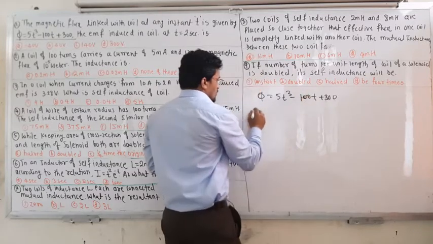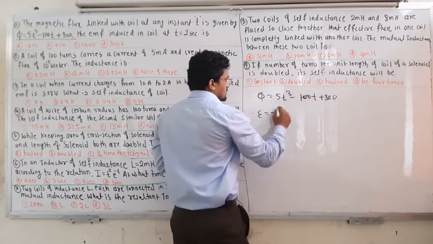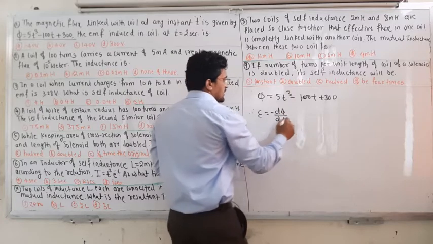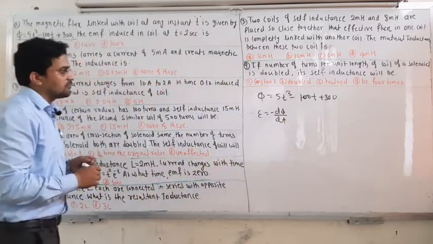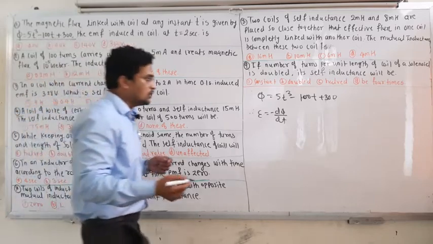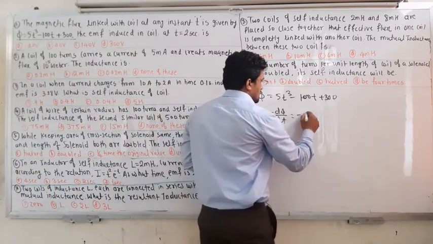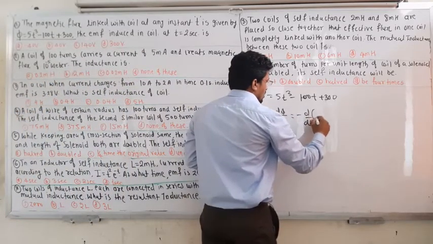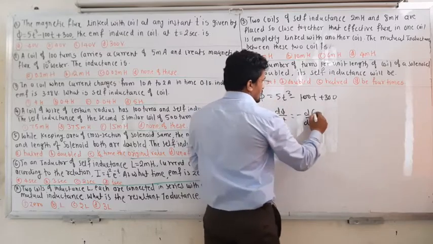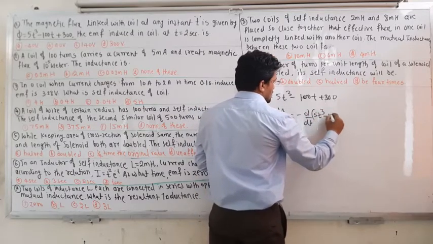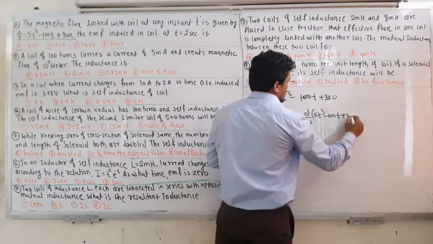We know EMF is equal to minus d phi by dt. EMF is nothing but the differentiation of the magnetic flux linking with the coil. So phi is 5 t cube minus 100 t plus 300.